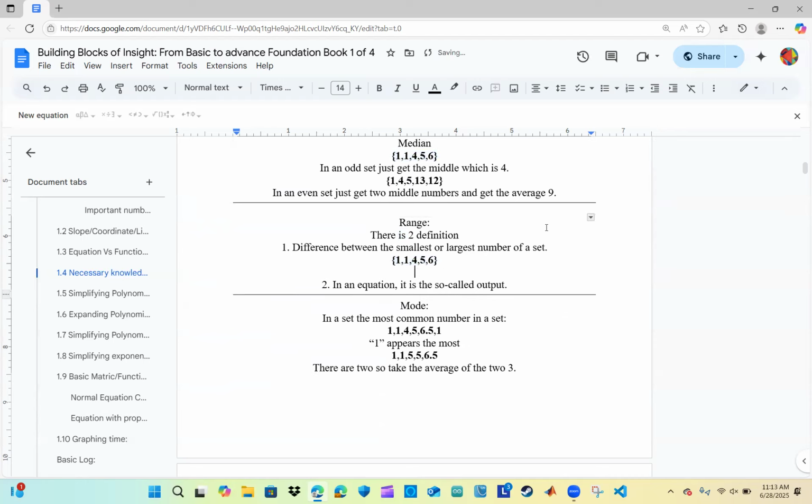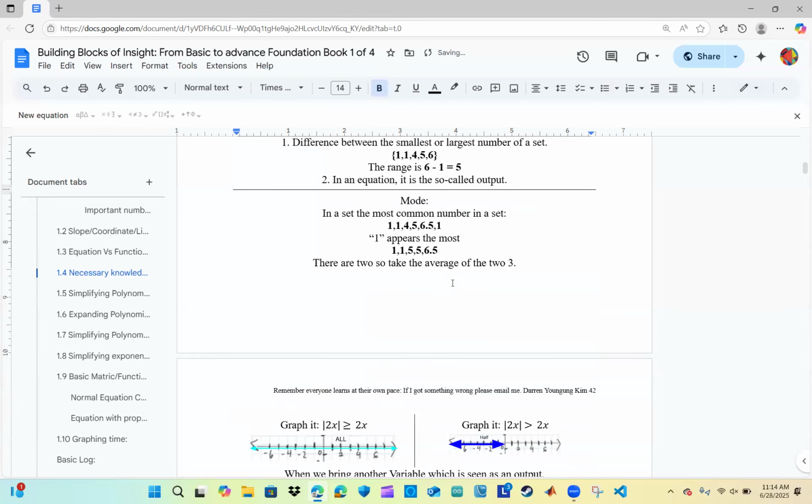What the heck? The range is the bold one this time. 6 minus 5, 1 equal 5. What on earth was I thinking?